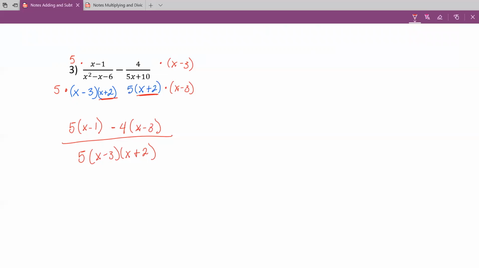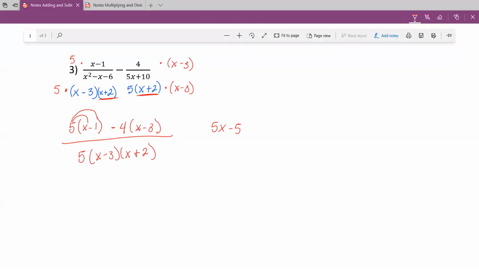Distribute and combine your like terms. 5 times x is 5x. 5 times negative 1 is negative 5. Negative 4 times x is negative 4x. Negative 4 times negative 3 is a positive 12. Notice when I distributed that 4, I took the negative with it. All over 5 times x minus 3 times x plus 2.